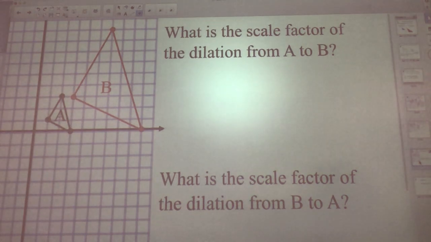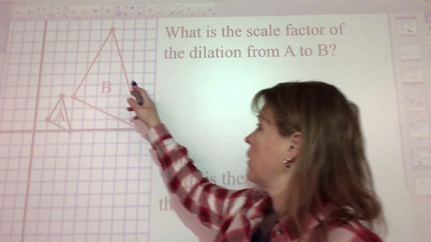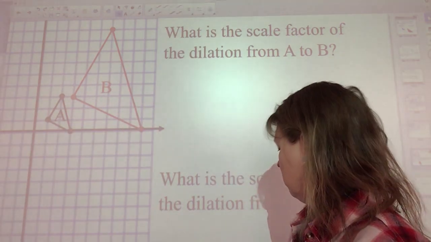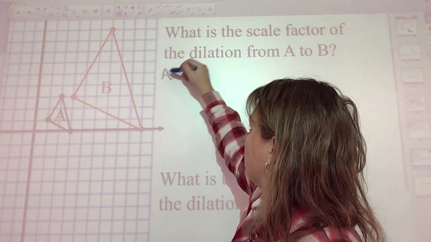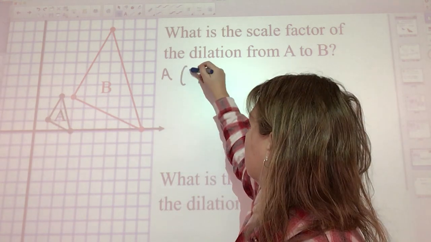Okay, other way around, what is the scale factor of the dilation from A to B? It definitely got bigger, so we know that our number is going to be bigger than 1. On A, our first point is over 1, up 1.